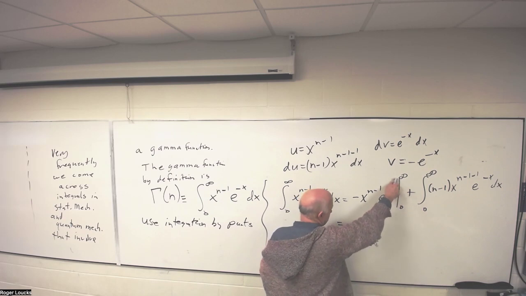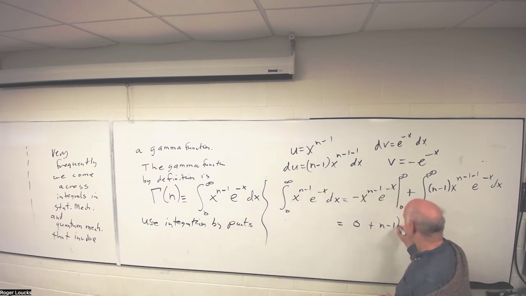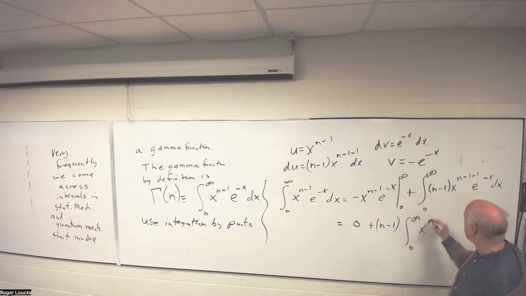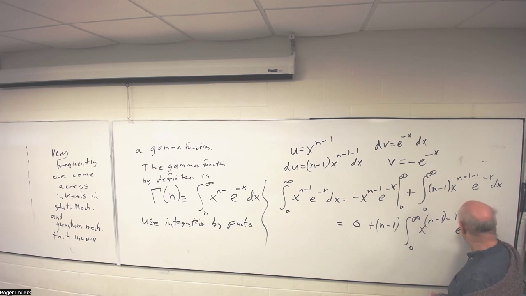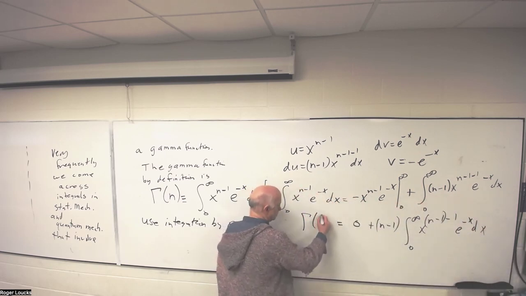This side over here, when you put in the upper and lower limit, you get 0. This is my gamma.